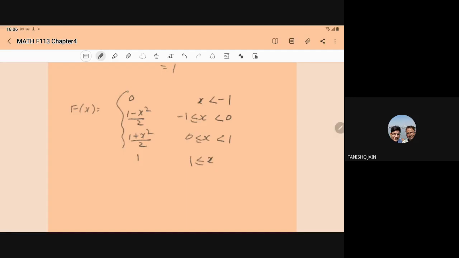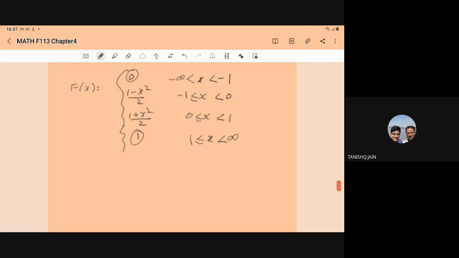In this you have to take care: the CDF must always start from 0 and terminate with 1, and it must be written for the complete real line, from minus infinity to plus infinity. Whether you write minus infinity or plus infinity is not a big issue, but it is always defined for the complete real line.